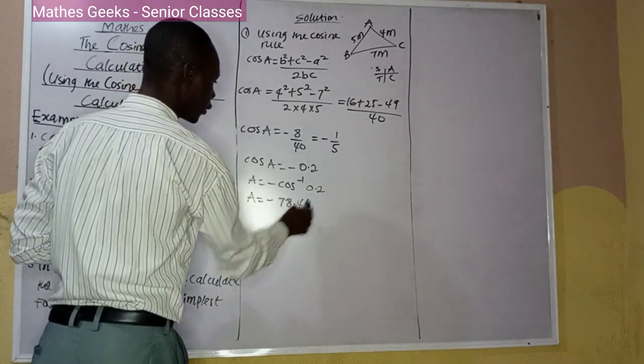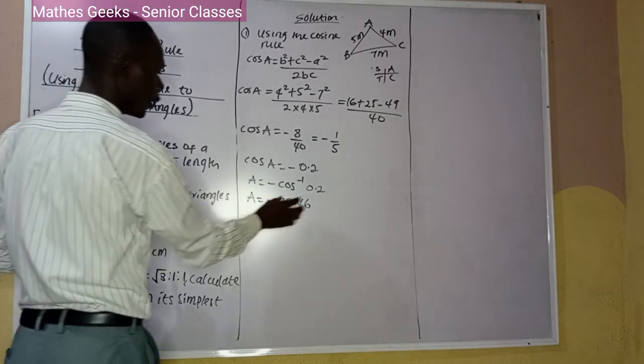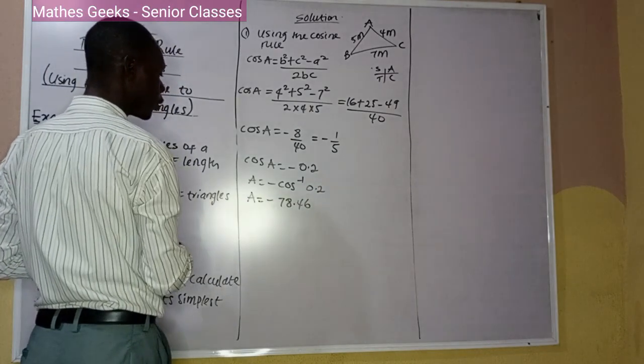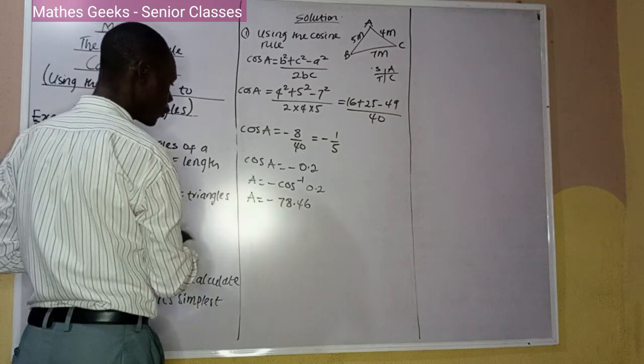Shift cos 0.2 gives 78.46 degrees. This is the acute angle of cos, in the first quadrant.